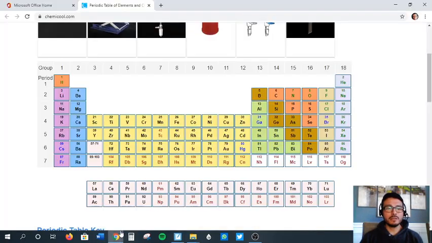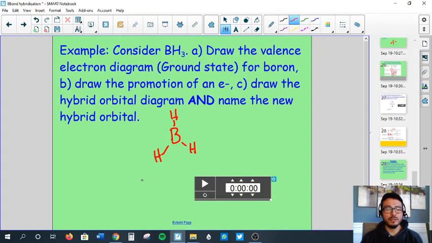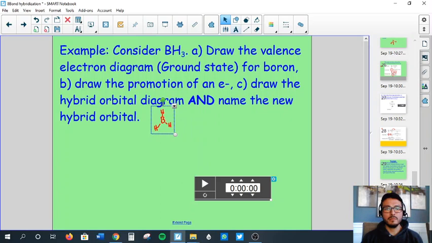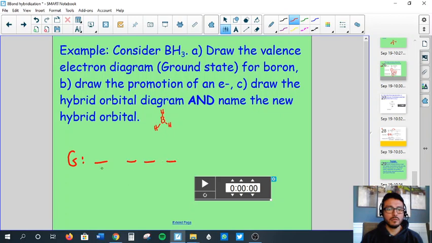Now, boron has a 2 in its valence, so it has a 2s2 and 2p1. So its ground state looks like this. Ground state for boron: 2s, 2px, 2py, 2pz. 1 here, 2 there, and 1 more there.